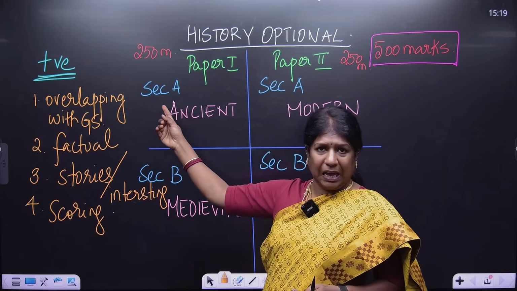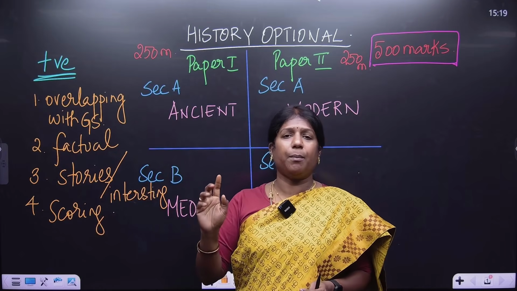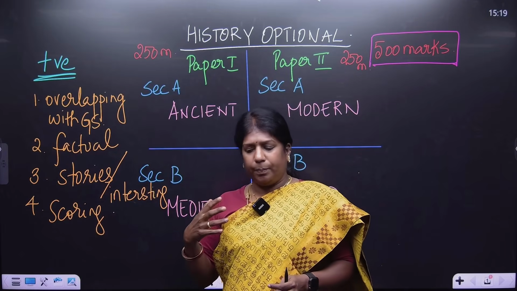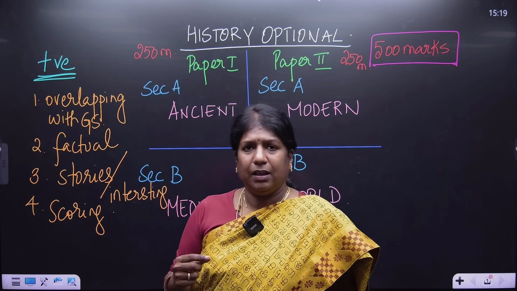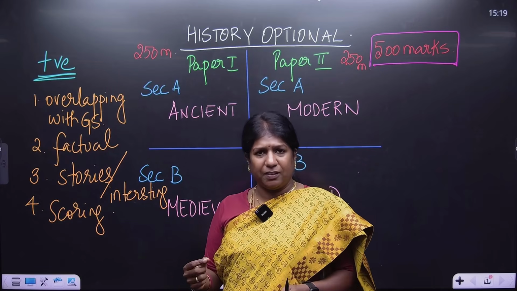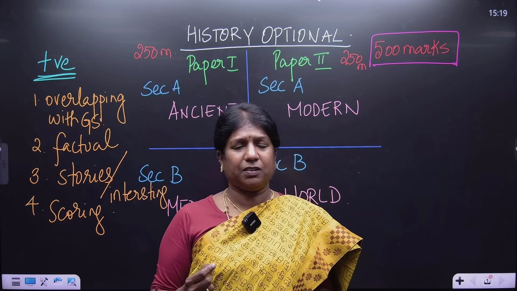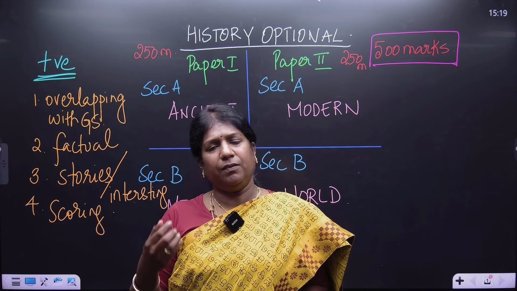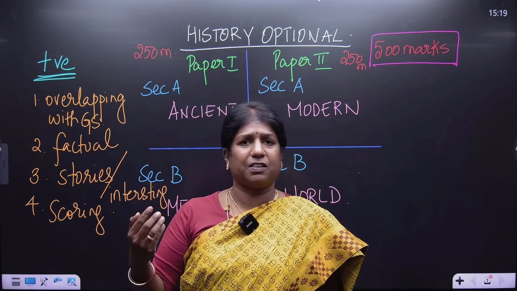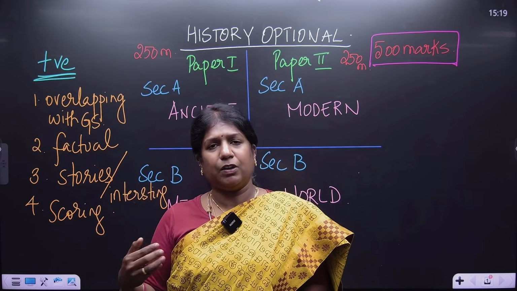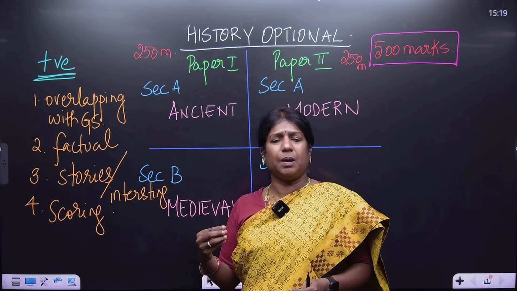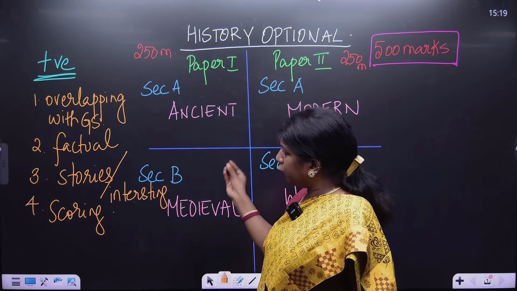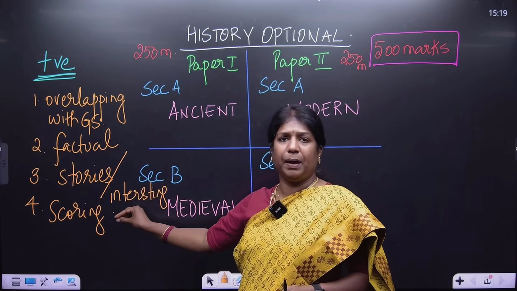In section A, the first question we have is a map. We do not have a world map, it's only about India. When you mark and identify the places, while studying the optional we would be going through lots of places. So when you start studying the places, you should write 30 words about each place, which naturally makes you score in the paper.